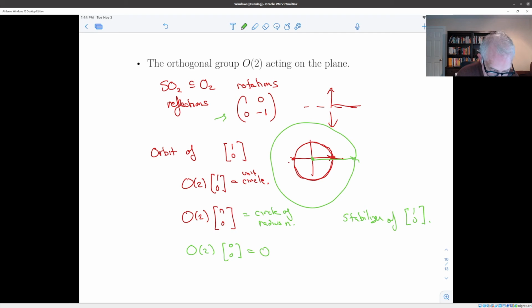So the stabilizer of (1, 0) is the identity and the matrix (1, 0; 0, -1). No other reflection is going to stabilize (1, 0), because any other reflection axis is going to move (1, 0) somewhere else, and any rotation is going to move (1, 0) somewhere else. So the only things which preserve (1, 0) are the identity and this one reflection.